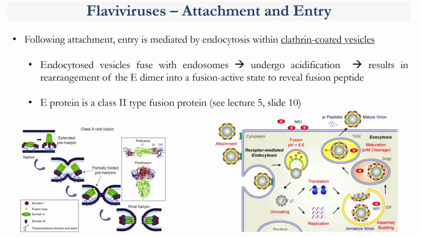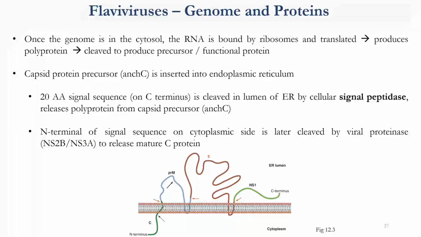Okay. All right. So if you look at the genome, once it's in the cytosol, your RNA gets bound by ribosomes and is translated. But again, it's going to produce a polyprotein which will get cleaved into precursor or active proteins, okay? Your capsid precursor, your ANC, is inserted into the ER membrane as the protein is synthesized.